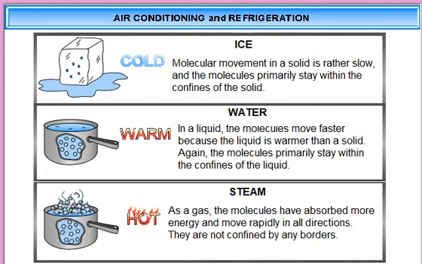Molecular movement in a solid is rather slow, and the molecules primarily stay within the confines of a solid. In a liquid, the molecules move faster because the liquid is warmer than a solid. Again, the molecules primarily stay within the confines of the liquid. As a gas, the molecules have absorbed more energy and move rapidly in all directions. They are not confined by any borders.